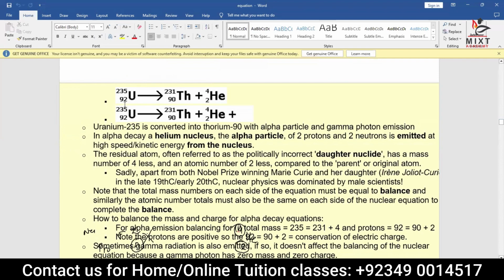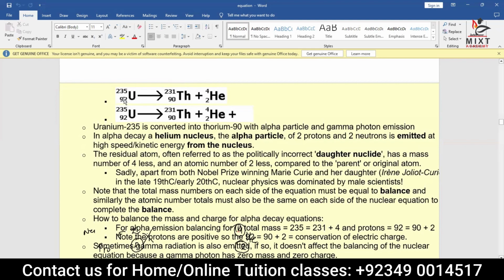Now check this out. 92 is converted to 90 and 235 is converted into 231. You don't need to memorize the element name, but what you need to memorize is the rule that once the alpha particle is removed, the mass number is reduced by 4 units and the atomic number is reduced by 2 units.